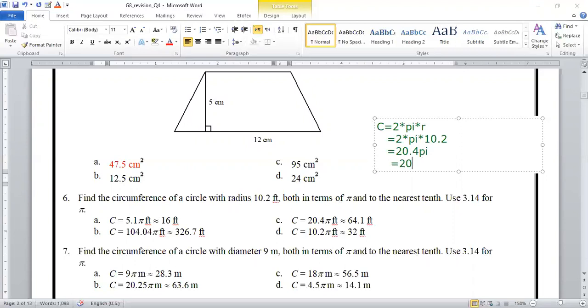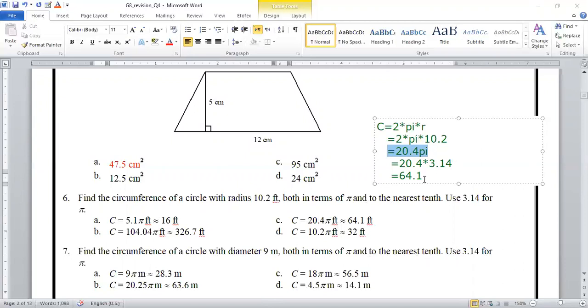By substituting pi with 3.14, we get the answer 64.1 to the nearest tenth. So the answer will be number C. In terms of pi, 20.4 pi.